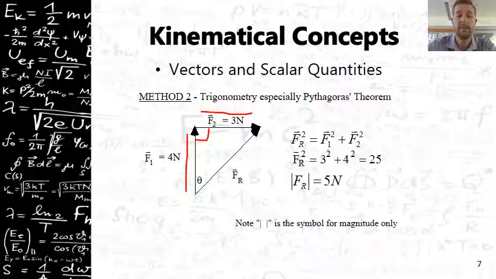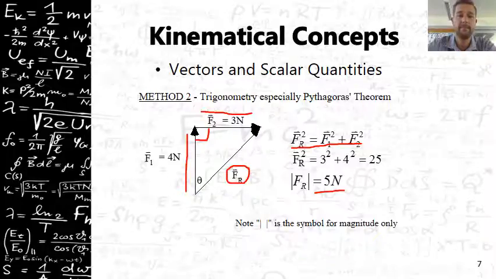Using Pythagoras, we can use the formula a squared plus b squared equals c squared, and we find the magnitude of our result being 5 newtons. We can also find the angle, which we'll look at on the next slide.